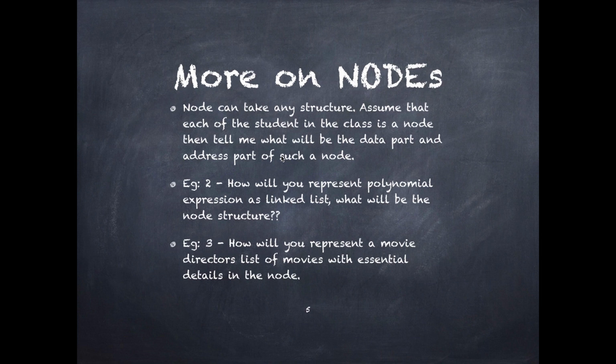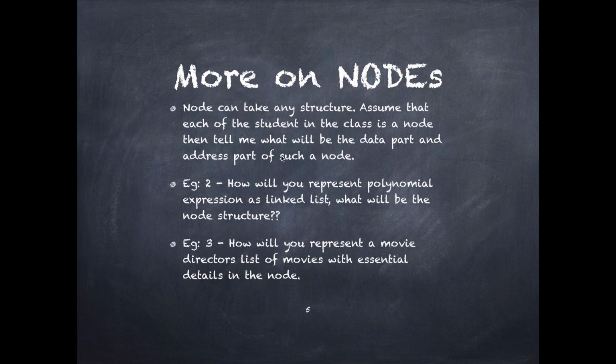Okay, I'll give you a clue now. Each term in the polynomial expression has a coefficient and an exponent, the power for the variable, right? Like that, all the terms. Now what will be the node structure here?